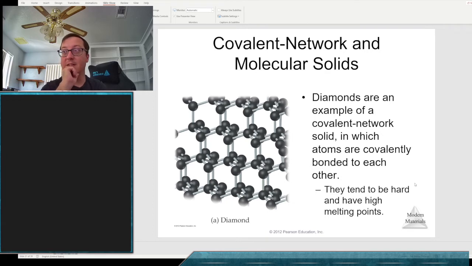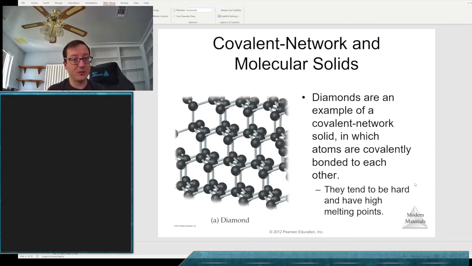So a 1 carat diamond has about 10 to the 22 carbon atoms. If it's a perfect diamond, all of those are completely covalently bonded to each other. So 10 to the 22, that's an incredibly high number. And those are just bonded together. As a result, these are pretty strong because they are actually bonded together.